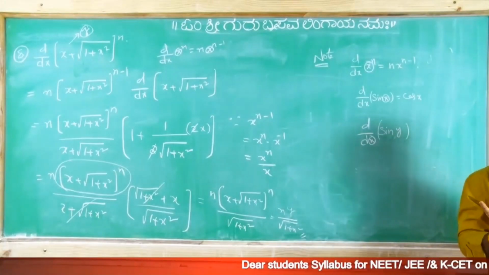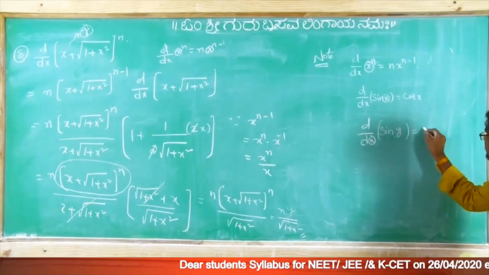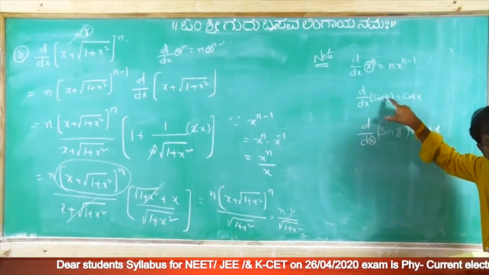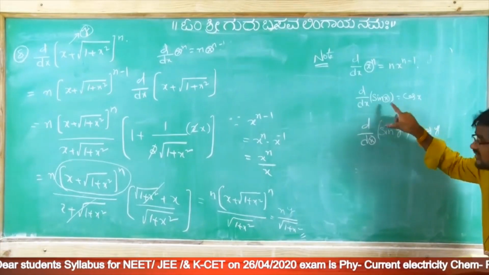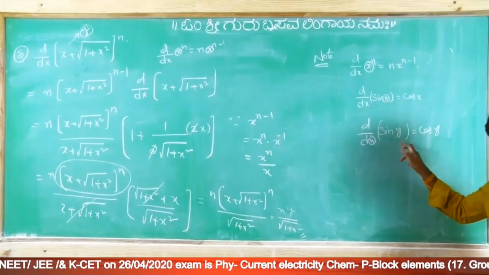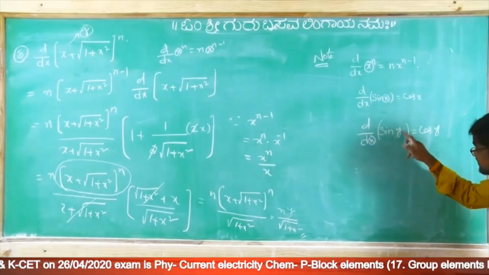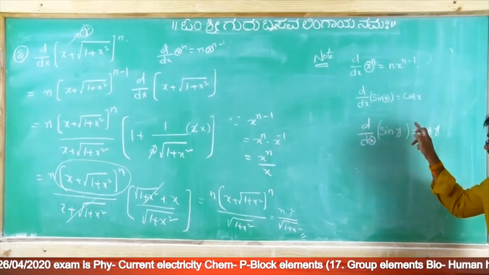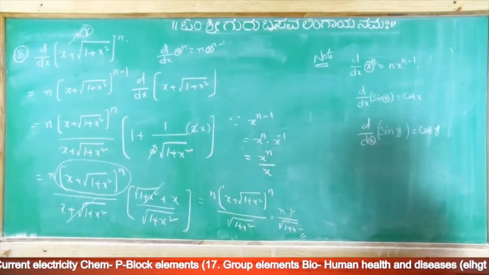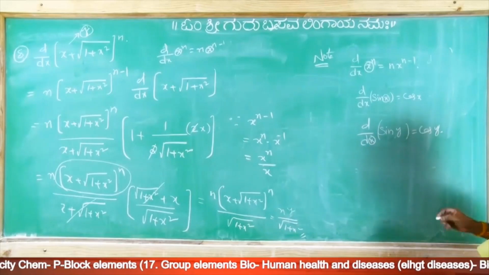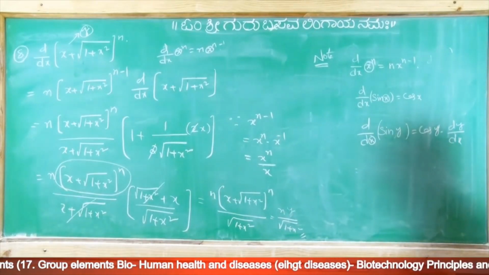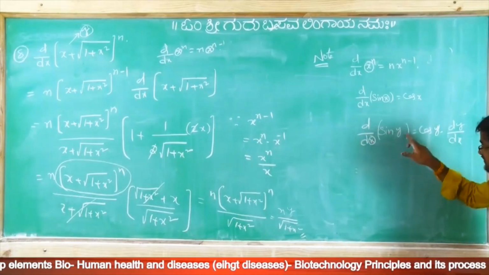What is the differentiation of the sine? Cos, that is cos y. But again here we are doing the differentiation or not? But here, are both variables the same? That's why here you are getting 1, but here you won't get 1. Differentiation with respect to y also you have to do. Sorry, differentiation with respect to x of which function? y also. What will you get? Into what? dy by dx. Understood?